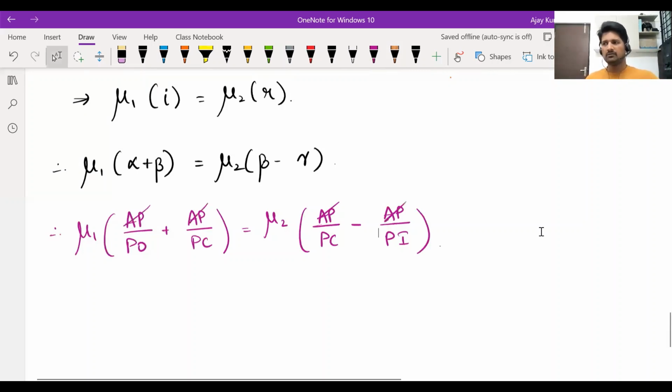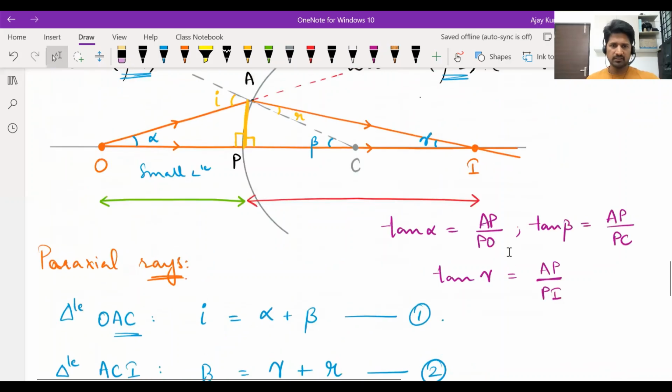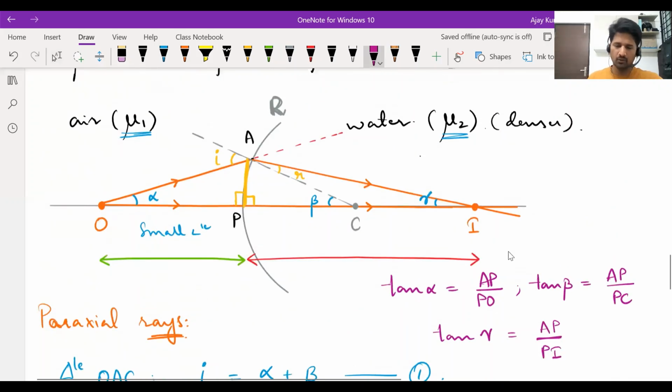And we would like to derive a formula which is applicable along with sign convention. Till now, we have only used trigonometry. And in trigonometry, sides of a triangle are always taken positive. But we want a formula which is applicable with sign convention. Now, if you apply sign convention, the distance PO is actually negative of the object distance.